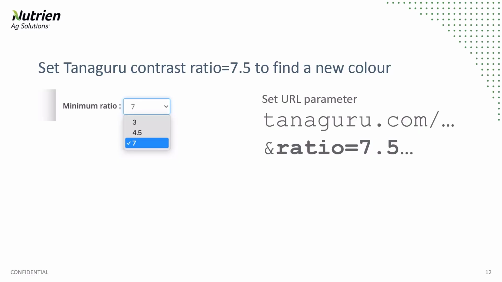You can select an option for the minimum contrast, 3, 4.5 or 7. But for other contrast values, we must adjust the ratio URL parameter in your browser. So to find colours with enough contrast in direct sunlight, I set the ratio URL parameter to 7.5.